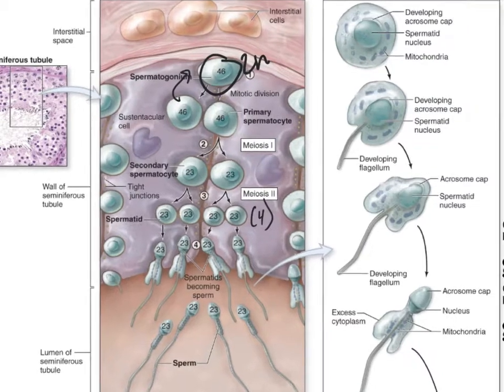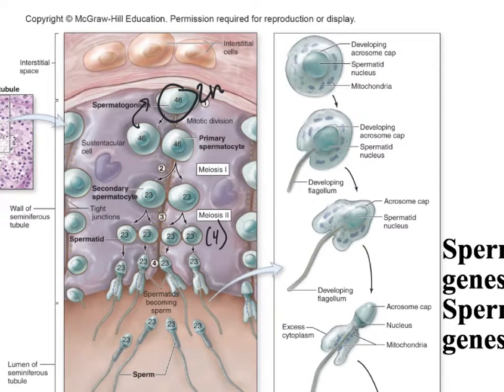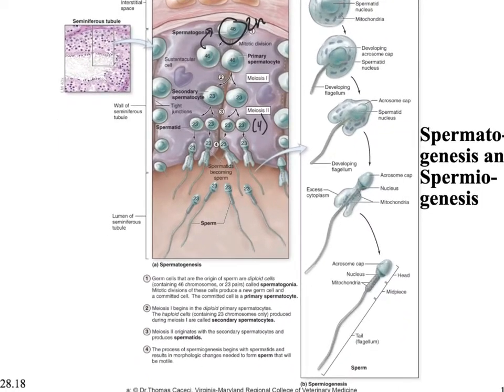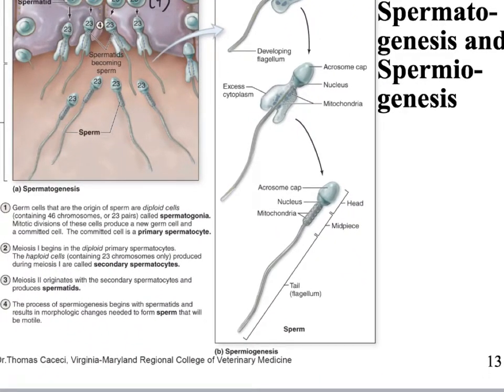They develop an acrosome cap, and that's what you see over here. The spermatids have undergone meiosis up to this point, and now they start to differentiate into the structure of a sperm: a head, a midpiece, and a tail. All of the DNA has been concentrated into the head of the sperm with an acrosome cap on top, which is important for binding and interaction with the egg.